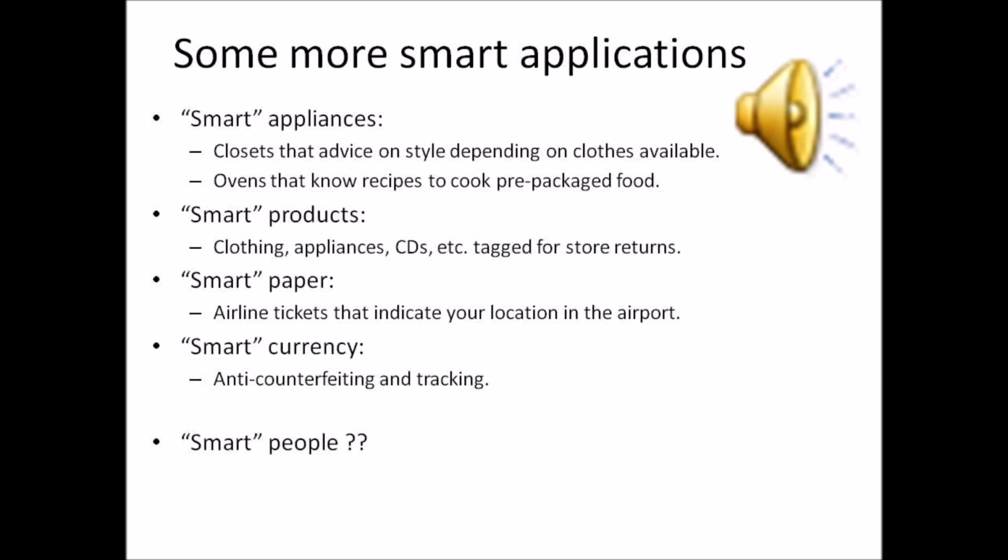These are some more smart applications. You can have smart appliances. You can have your oven, and you can have it give you suggestions, knowing recipes to cook pre-packaged food. So it can be made smart using RFID tags.